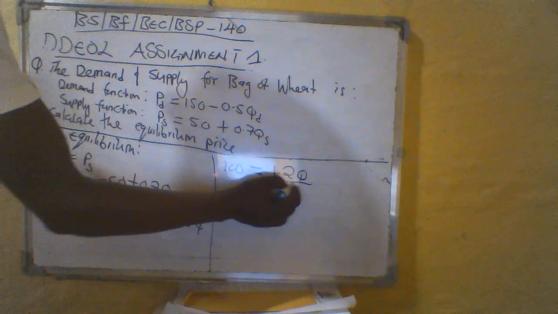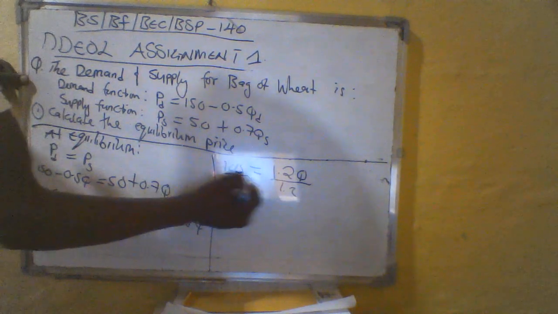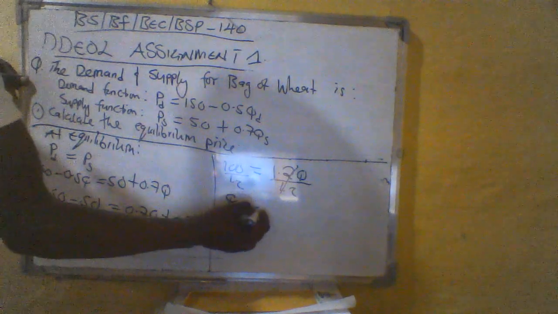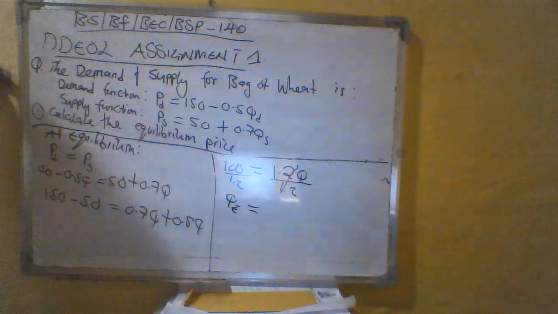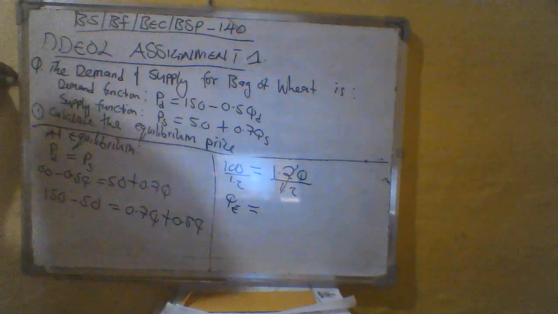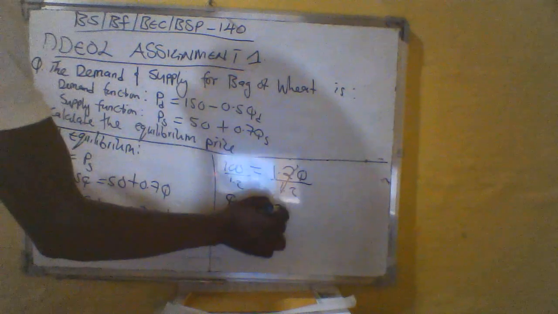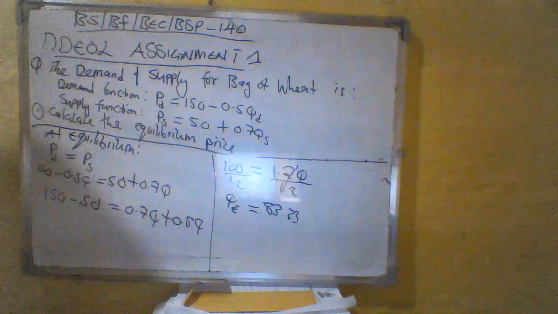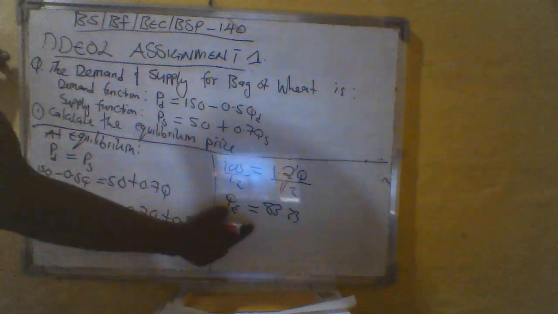Divided by 1.2, divided by 1.2. The value of Q, which is the equilibrium quantity, becomes 100 divided by 1.2, which is approximately 83.333. So this is my equilibrium quantity.